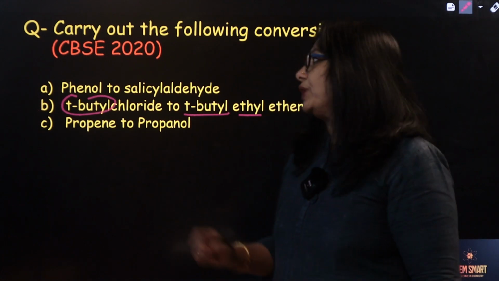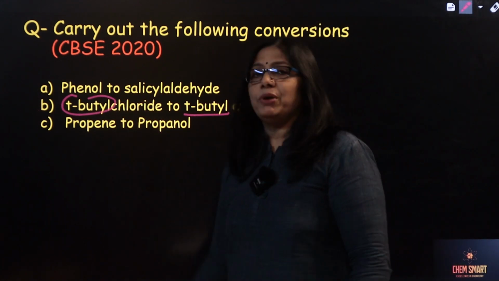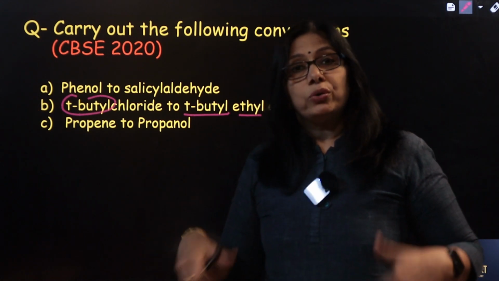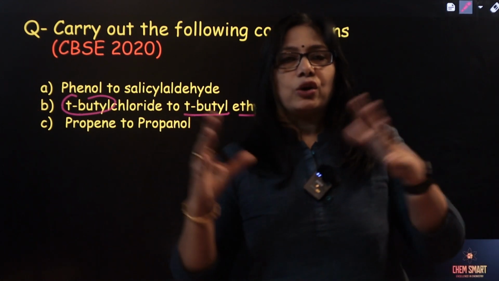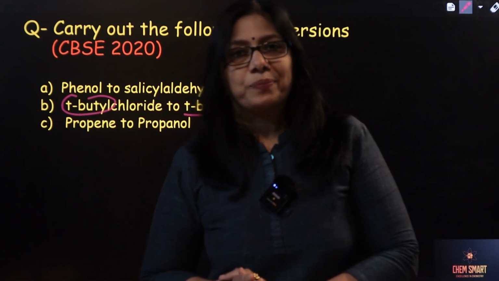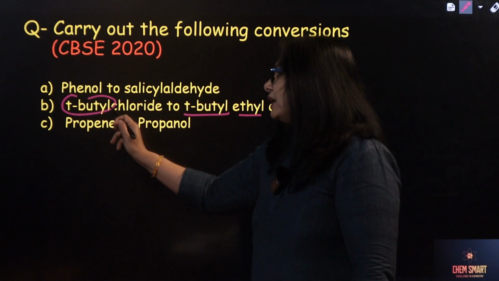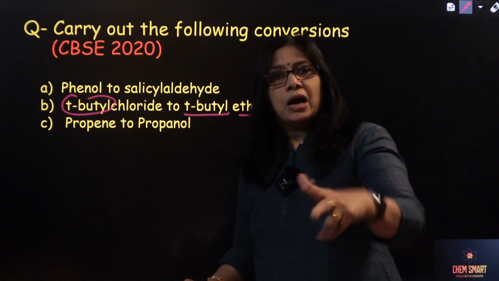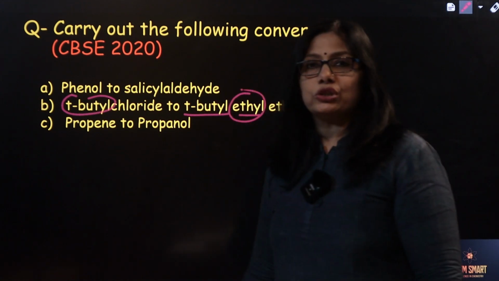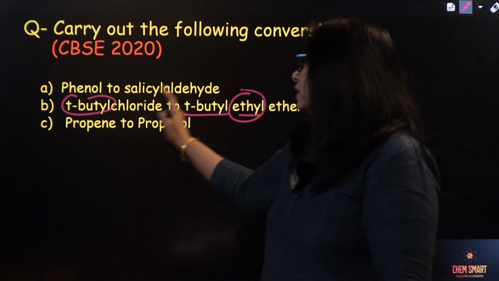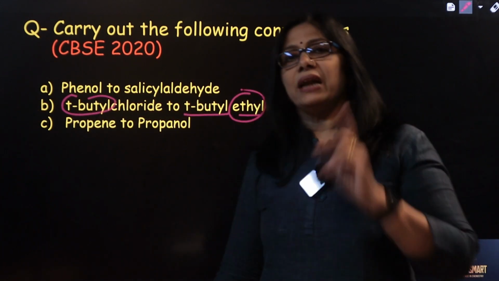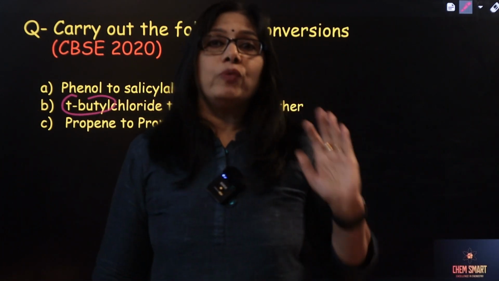So what you have to do is convert this tertiary butyl chloride into tertiary butoxide. If the alkoxide is tertiary, no problem. The alkyl halide cannot be tertiary. Understand? So convert this one into a tertiary alkoxide, and the alkyl halide you use should be primary. You convert this into a tertiary alkoxide and keep the alkyl halide primary. Then you will get the ether.